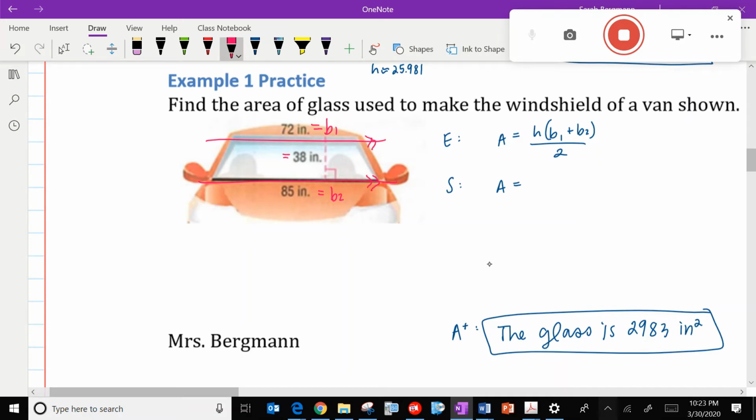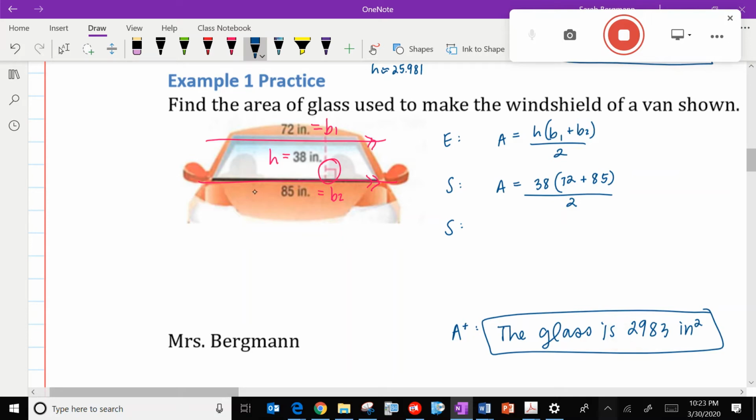Next, I know that 38 has to be the height because I see that it's perpendicular to the base. So I'll fill in 38 for height, 72 for one of the bases, 85 for the other base, divided by 2.